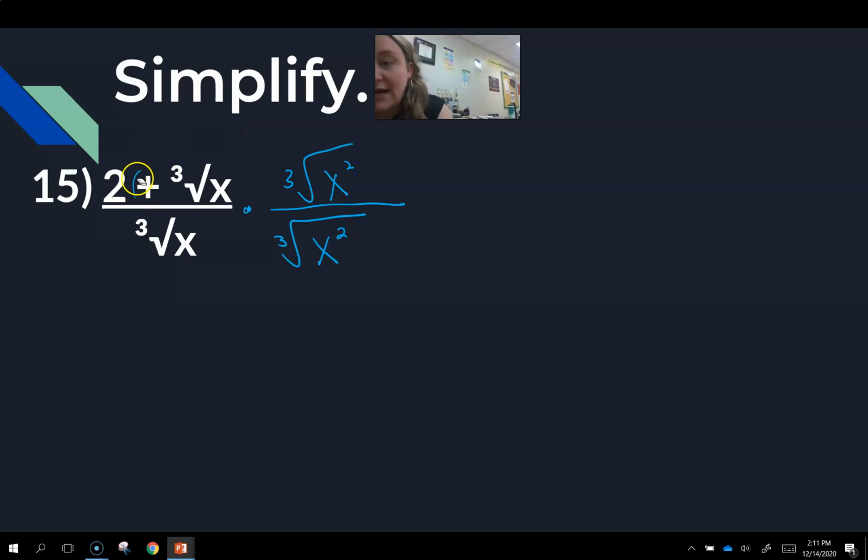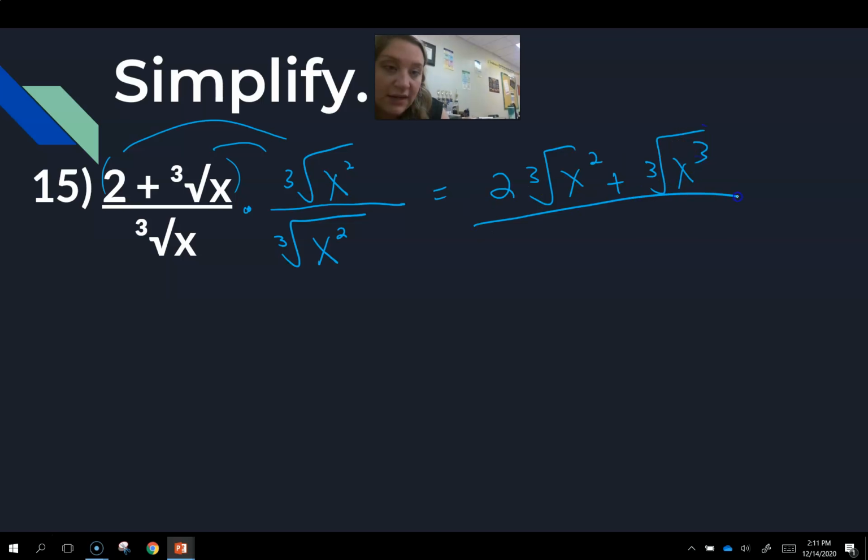Remembering that this is a binomial means when I simplify, I'm going to have to multiply 2 times the cube root of x squared, and then plus cube root of x times cube root of x squared is the cube root of x to the power of 3, being divided by cube root of x to the power of 3, because when we multiply my insides, x times x squared is x cubed. Now, the whole reason why we did this is because cube root of x cubed is just x, right?